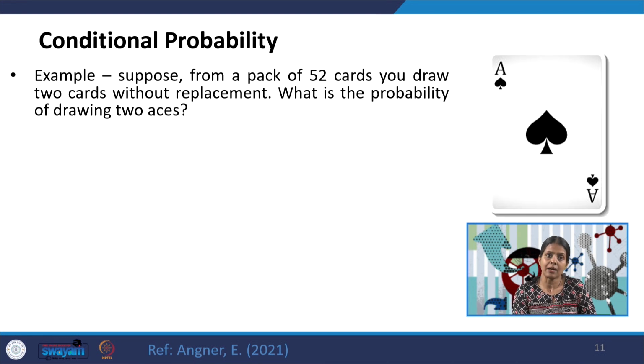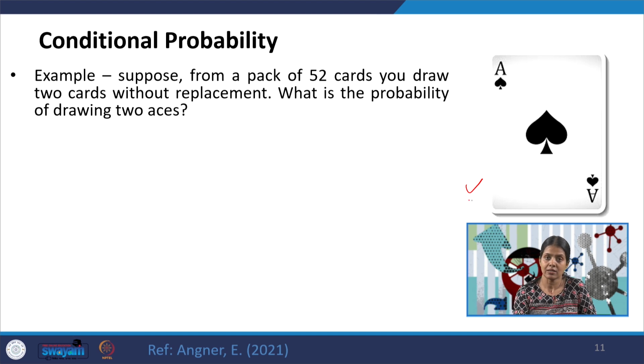Now, we take an example of conditional probability. Suppose from a pack of 52 cards, you draw 2 cards without replacement. So, once one card is taken out, then you take out another card. What is the probability of drawing 2 aces? I just hope that all of you are familiar with the types of cards in a pack of cards.